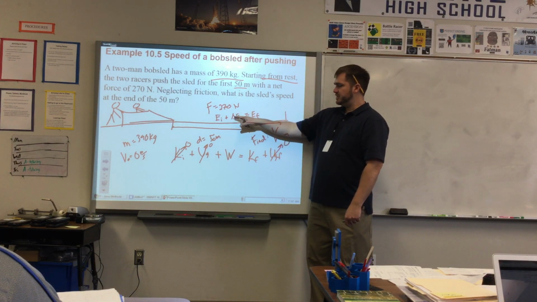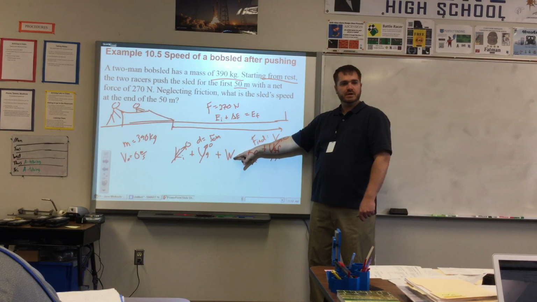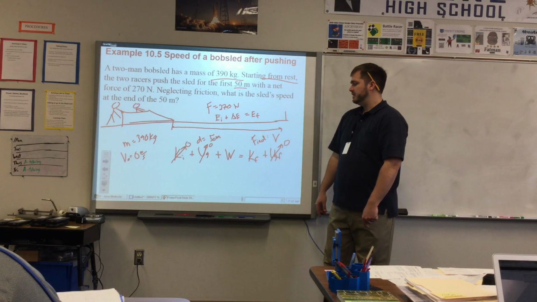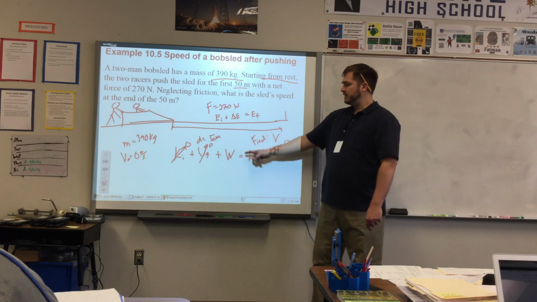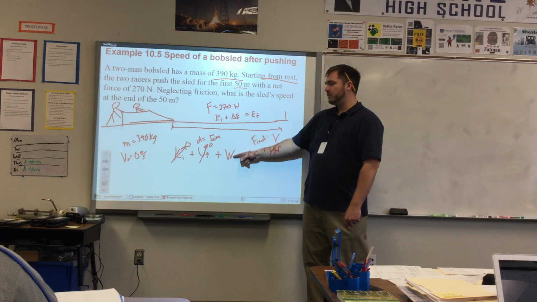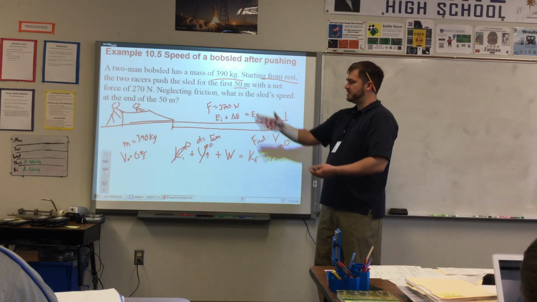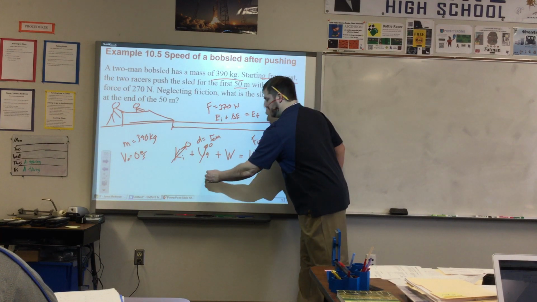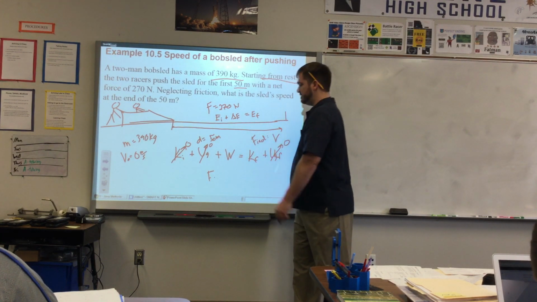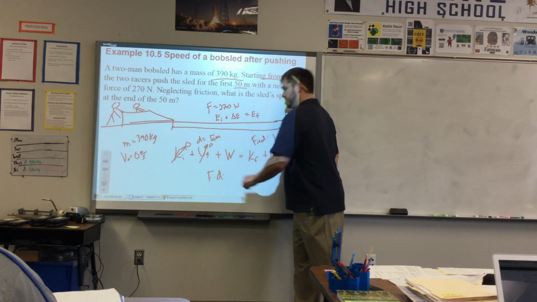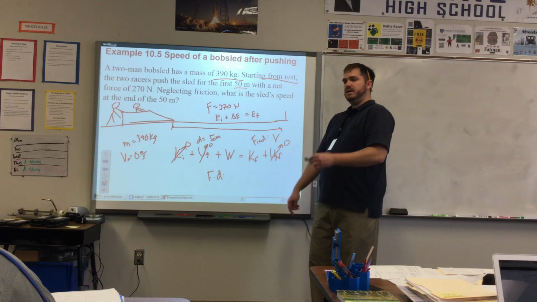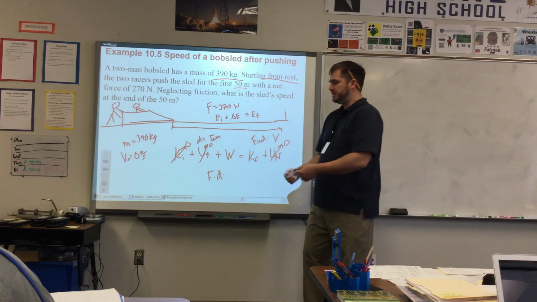And as we all know that the change in energy is equal to the work done. All right? So work done is the force times the distance times the cosine of the angle in between them.